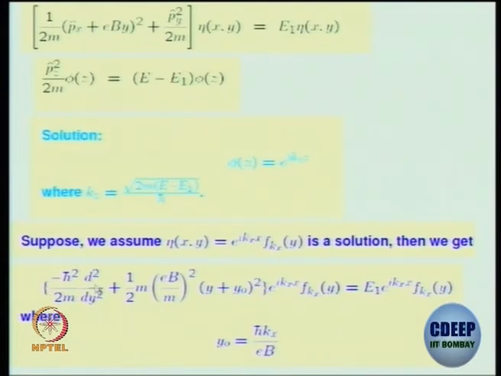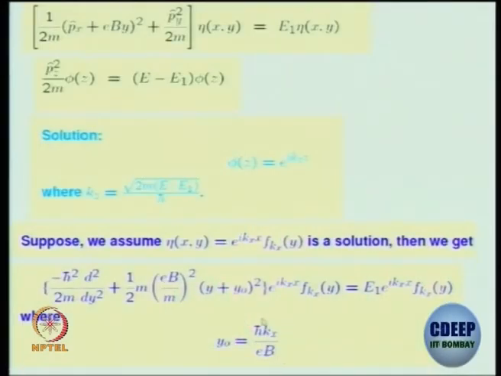So substitute this and check whether you get this. I have written it in this fashion for some selfish reason. It looks like a harmonic oscillator, a shifted harmonic oscillator. But the shift is dependent on the magnetic field and the kx, which is the x component wave function.